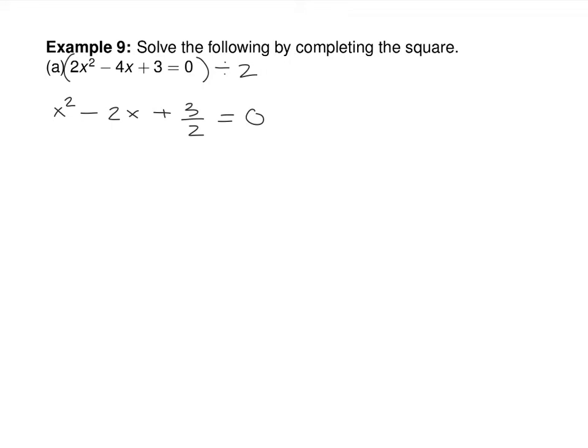Does that make sense? Okay, now move the 3 over 2 to the right side, and we'll have x squared minus 2x equals negative 3 over 2.